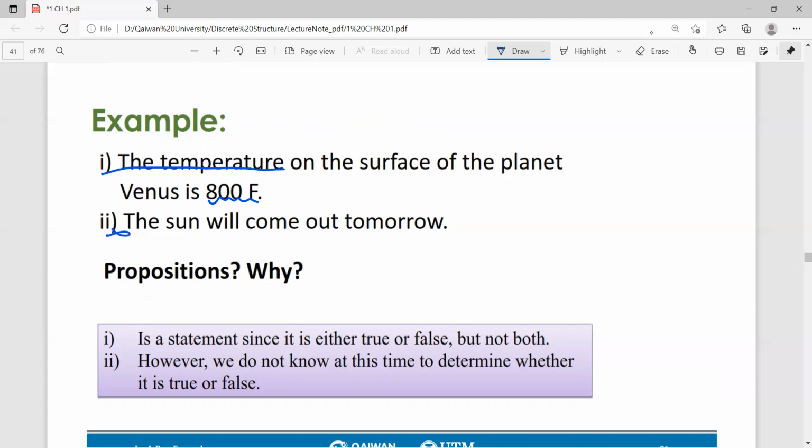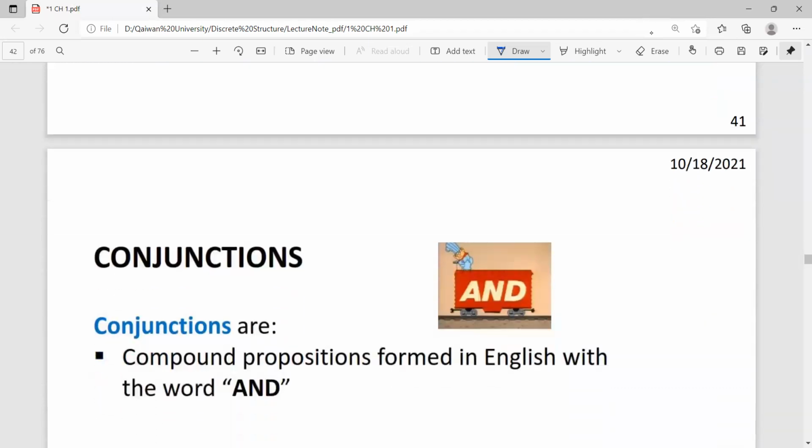And here the second one, we say the sun will come out tomorrow. It may not come out because it would be cloudy. Okay. If sunny, of course, it comes out. So we say it's either true or false. That's why we say these 2 are propositions. Both are propositions.